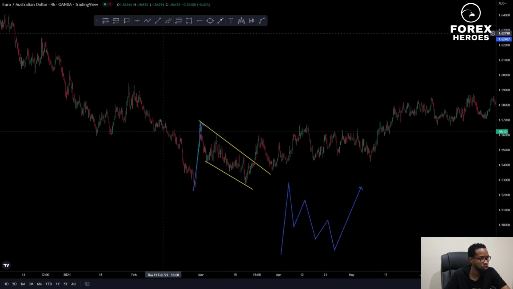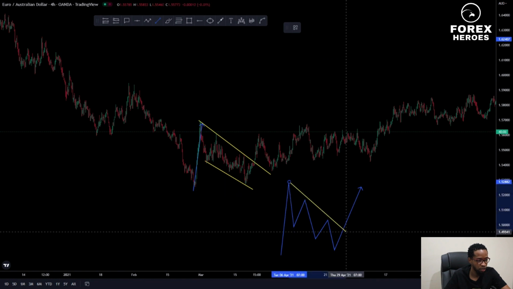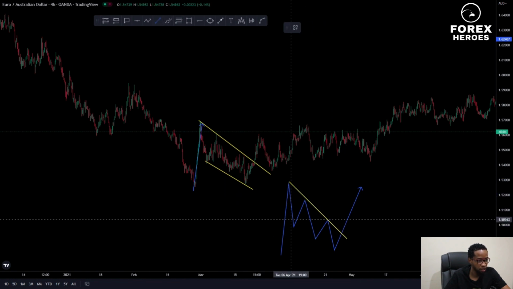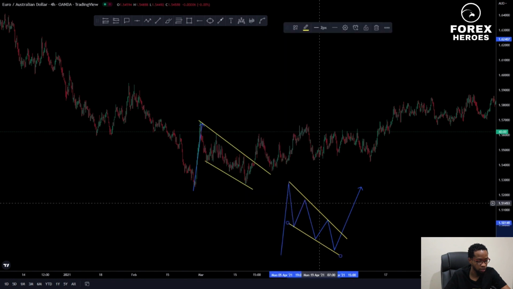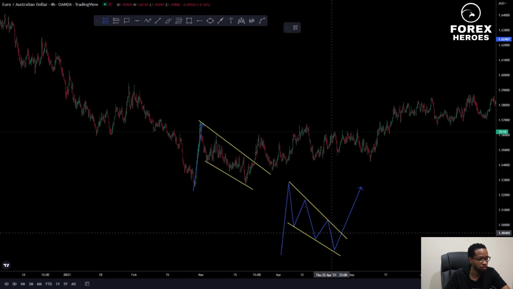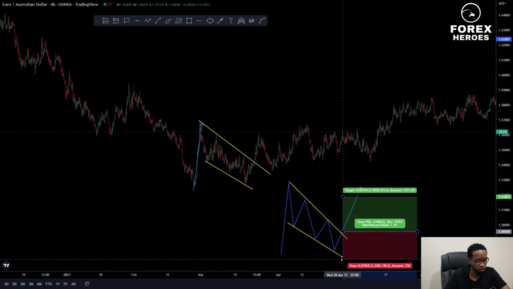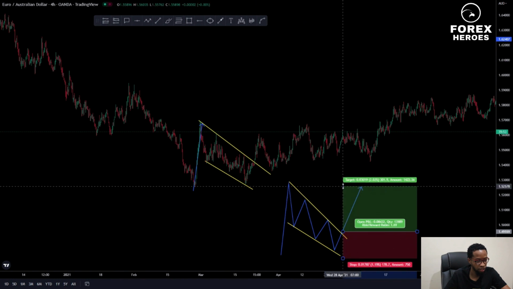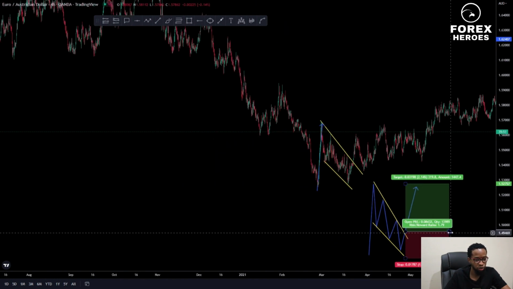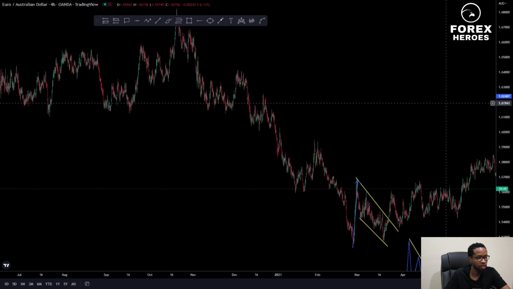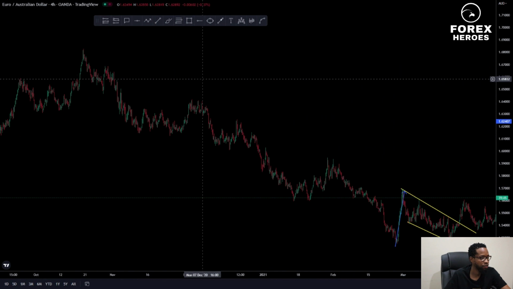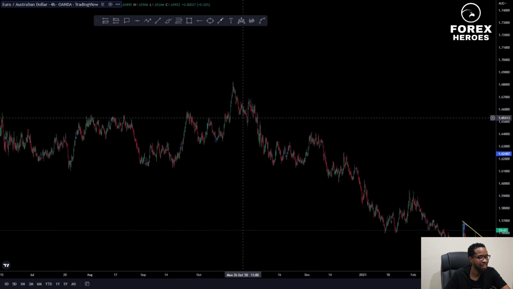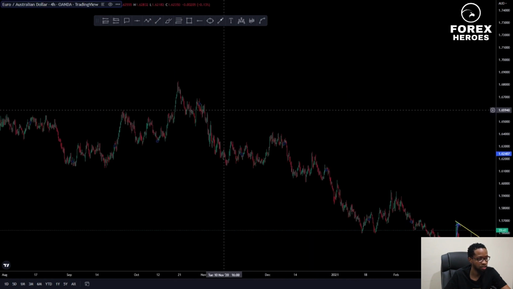This is the correction, you see, and you take your reduced entry. So make sure you practice all the steps that I've shown you guys. It will definitely assist you in getting the right trades.